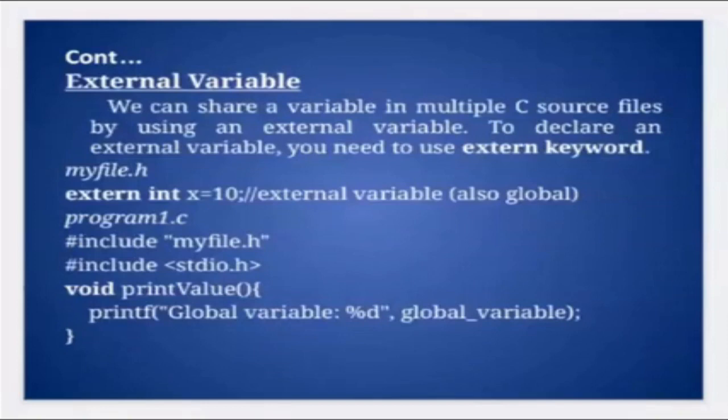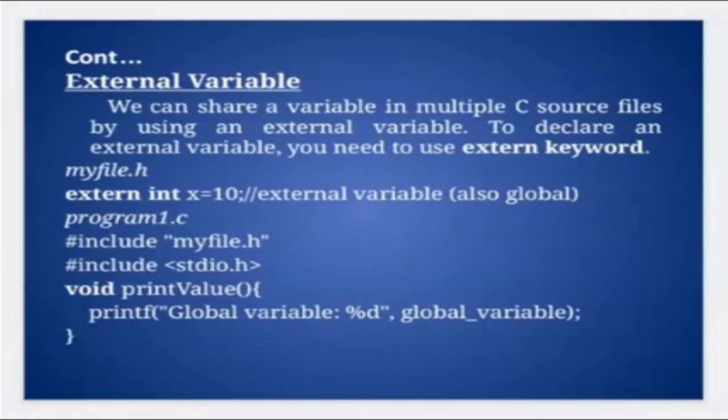Next is external variable. We can share a variable in multiple C source files by using an external variable. To declare an external variable, we need to use the extern keyword. So extern integer x is an external variable, which is also a global variable.